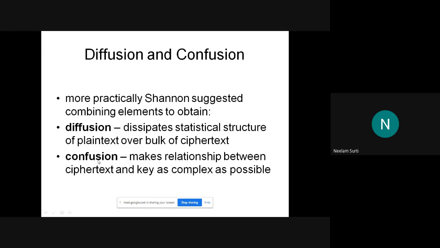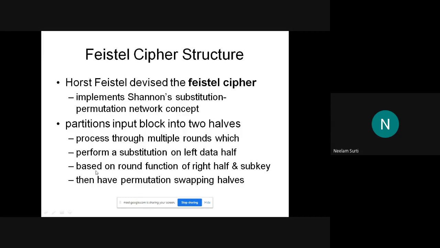The relationship between key and ciphertext must be as hard and as complex as possible. This is confusion. So make the relationship between ciphertext and the key as complex as possible. Claude Shannon specified that if we want to develop any modern cipher, these two things are to be taken care of: the property of confusion and the property of diffusion.